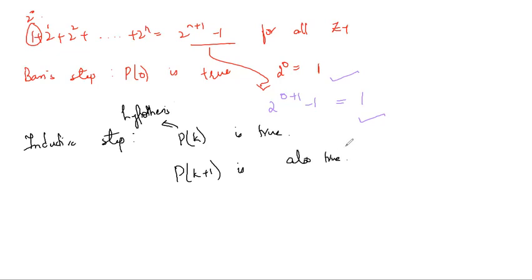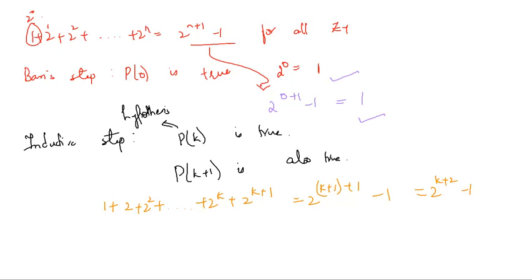So for P of k plus 1, we write 1 plus 2 plus 2 square plus and so on up to 2 power k, and then we add 2 power k plus 1, and instead of n we substitute k plus 1, giving 2 power k plus 1 plus 1 minus 1. This will be equivalent to 2 power k plus 2 minus 1.